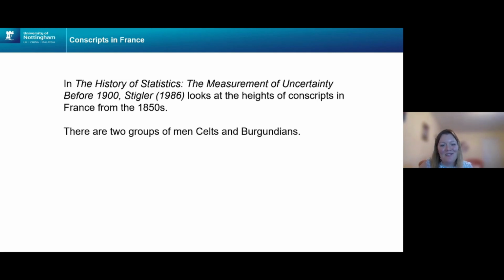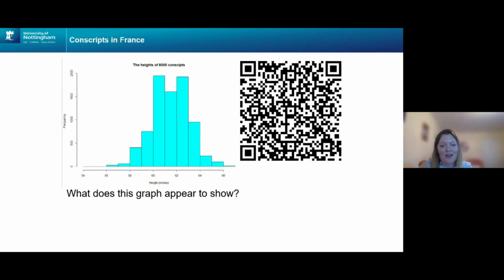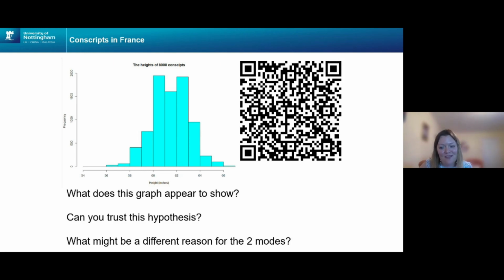So what I would like you to do, please, either on the quiz that comes up or this barcode, this is the height of the 8,000 conscripts in inches. Can I get you to write what this graph appears to show? Can you trust what you've said? And what might be a different reason for the 2 modes that there appears to be?